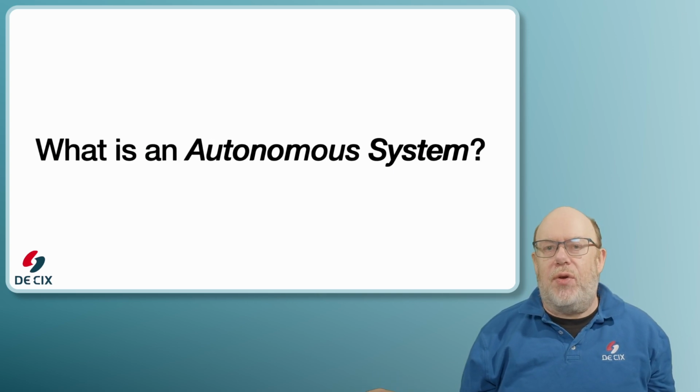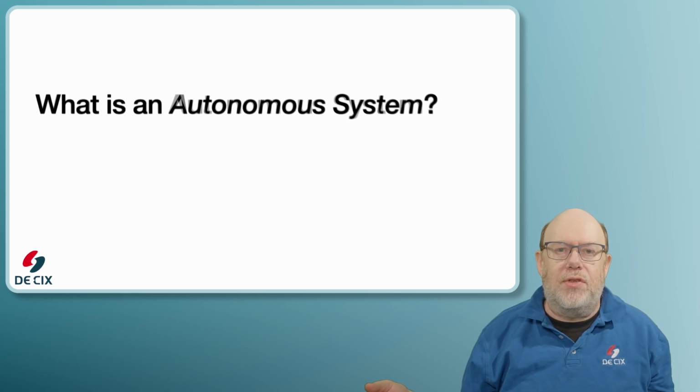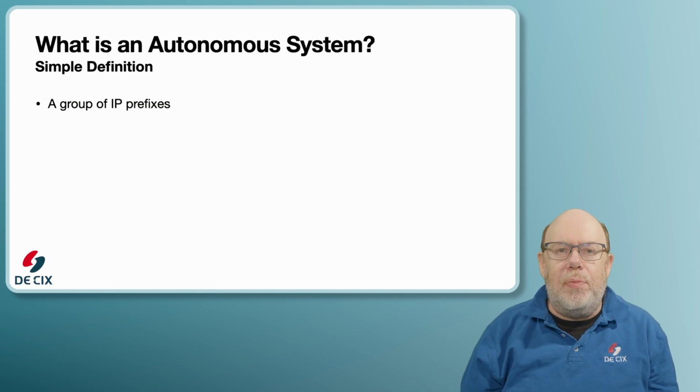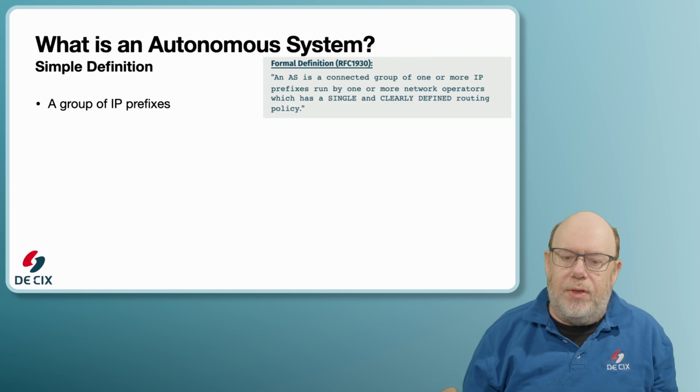So I mentioned a term here, autonomous system. What is an autonomous system? Also a very important term for understanding BGP, Border Gateway Protocol. So the simplest definition of an autonomous system is a group of IP prefixes who have something in common.